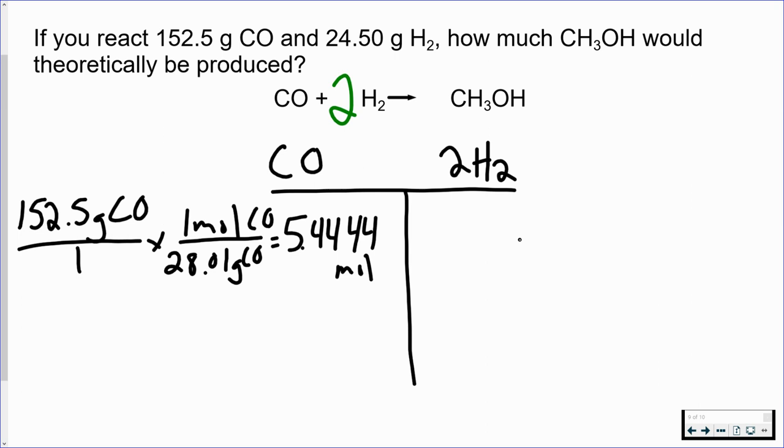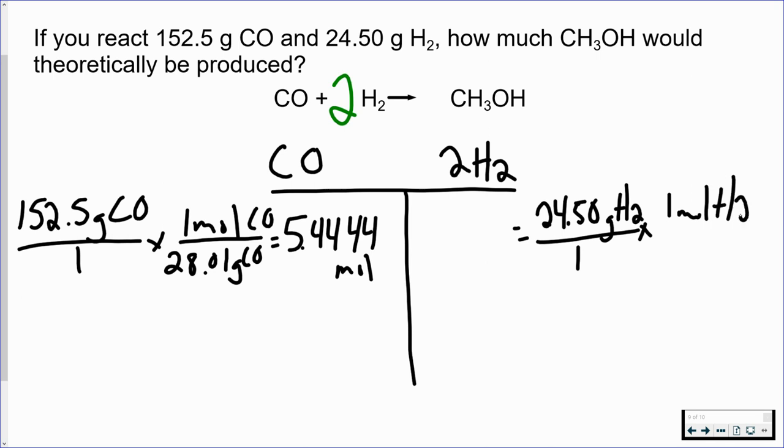Now we're going to do the same thing, but with hydrogen. We start with 24.50 grams of hydrogen. You're going to take that amount and multiply it by 1 mole of hydrogen gas per 2.02 grams of hydrogen gas.